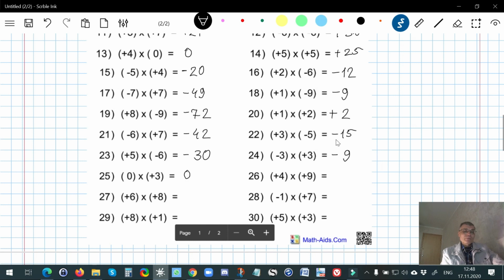It's 0. Positive, positive, positive, 36. Positive, positive, positive, 48. Negative, positive, negative 7. Positive, positive, positive 8. Positive, positive, positive 15. We've done 30 problems on multiplication of numbers with signs. I think you got the gist of it.